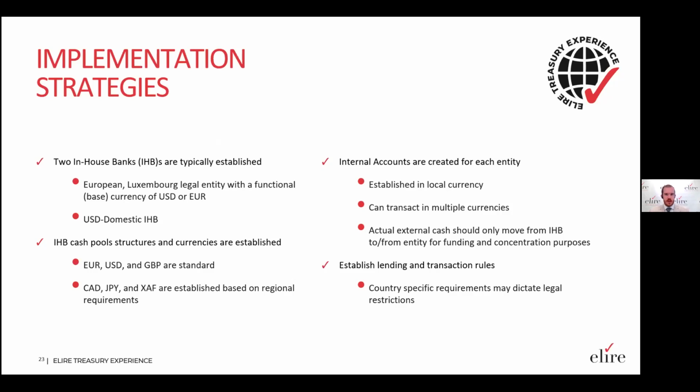A lot of times these individual entities, when we set up the internal accounts, because we're now looking at either the established local currency or the standardized USD or Euro, can transact in multiple currencies. So they might have standard credit arrangements in one currency, but facilitate invoice payment in another through multilateral netting. So now we can see that there's a standardized facilitation of fund transfers regardless of currency.